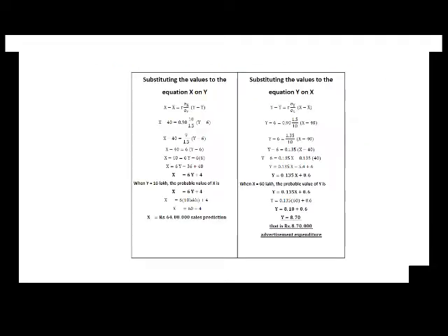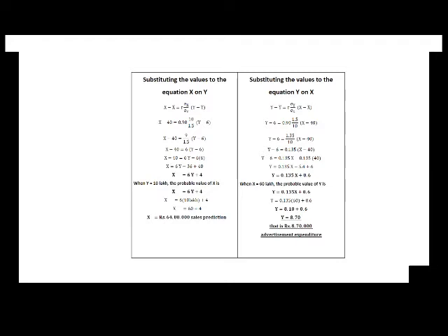Substituting the values into the equation x on y, the equation is x minus x bar is equal to correlation into standard deviation of x divided by standard deviation of y, into y minus y bar. X minus 40 is equal to 0.90 into standard deviation of x, 10, divided by standard deviation of y, 1.5, into y minus 6, where 6 is the mean of y.